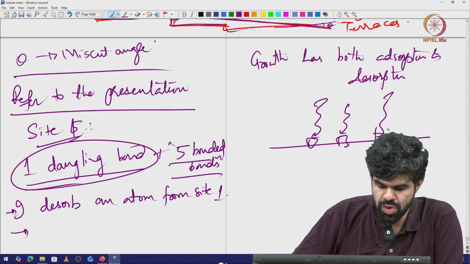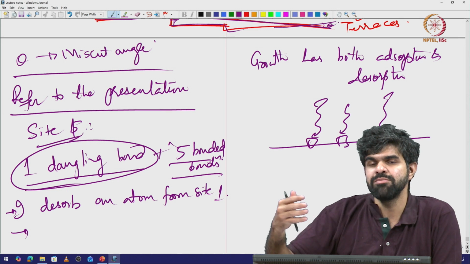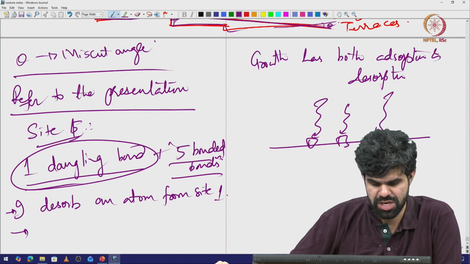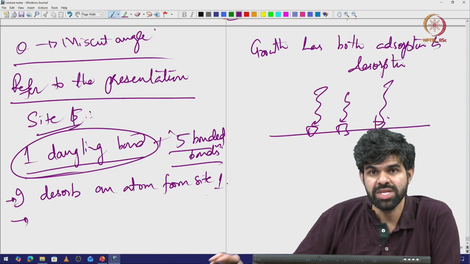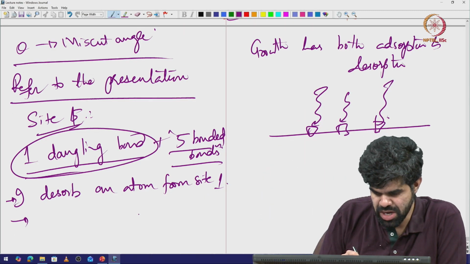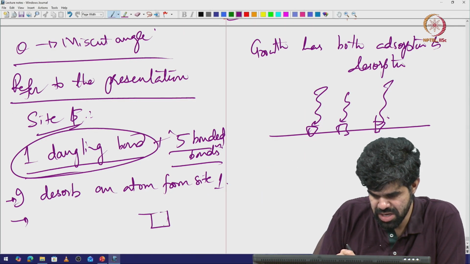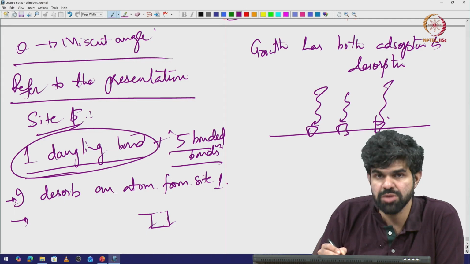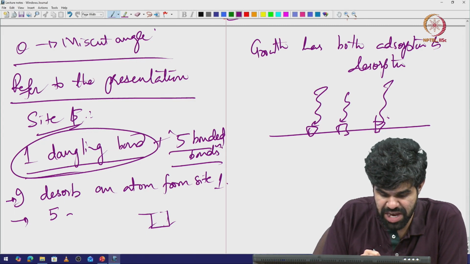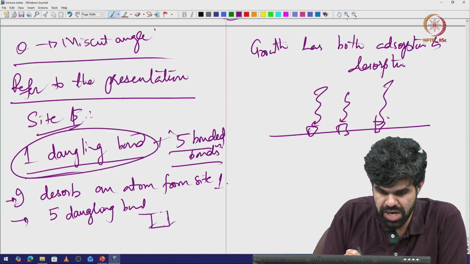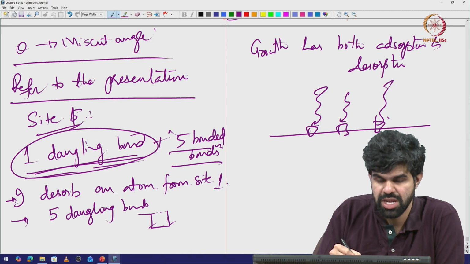Okay. So, at an atomistic level, I am looking at some kind of an atomistic picture here. In that sense, I am desorbing an atom from site 1. Once I desorb an atom from site 1, you see, there was an atom here in 3D, so I have desorbed it. By desorbing it, I am actually creating 5 dangling bonds. Earlier there was just one dangling bond, now I have desorbed it.